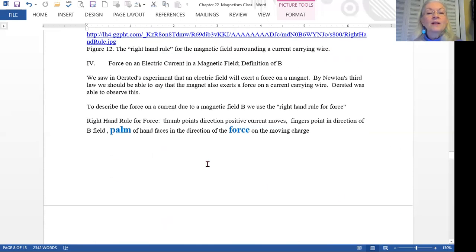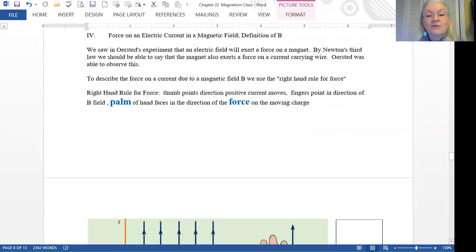So what are some of the forces on an electric current in a magnetic field? Well, again, we would use the right-hand rule. If your thumb points in the direction of positive current, your fingers are going to point in the direction of, in this case, an outside magnetic field, an outside B field. Then the palm of your hand is going to face in the direction that your current in the wires or your charge is going to be forced.